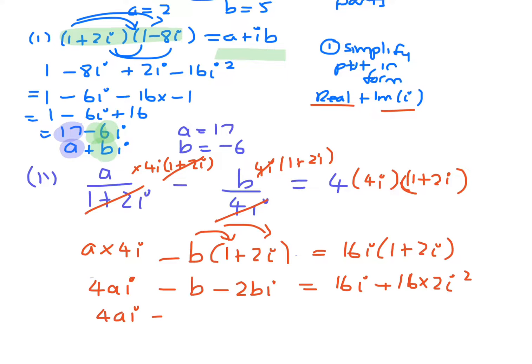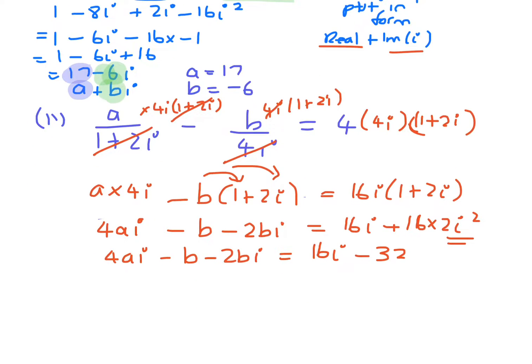So it's 4ai minus b minus 2bi equals 16i, and the i squared here will give you a minus 1, so that'll be minus 32. So we're nearly set up. We just got to put it in the form of real and imaginary parts. So the real part on this side here is the minus b, and the real part here is the minus 32.